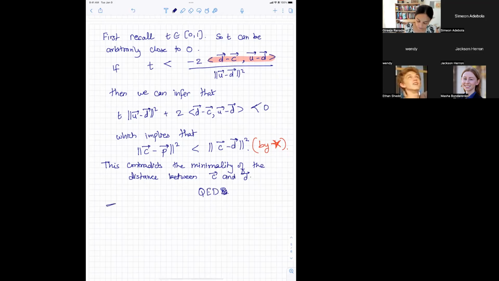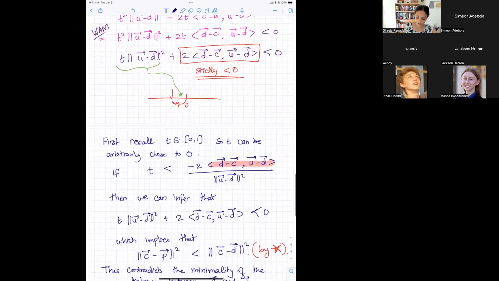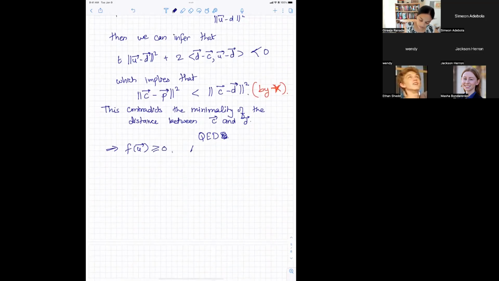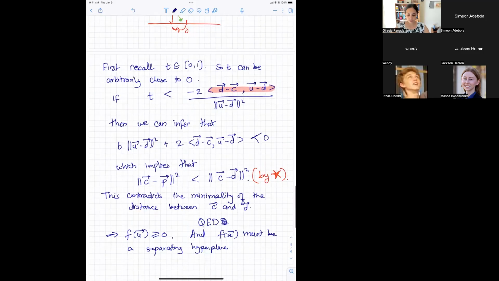Okay, therefore, we had a wrong assumption, which means that f of u must in fact be greater than or equal to 0, and f of x must be a separating hyperplane. Got it, everyone? Okay, questions.